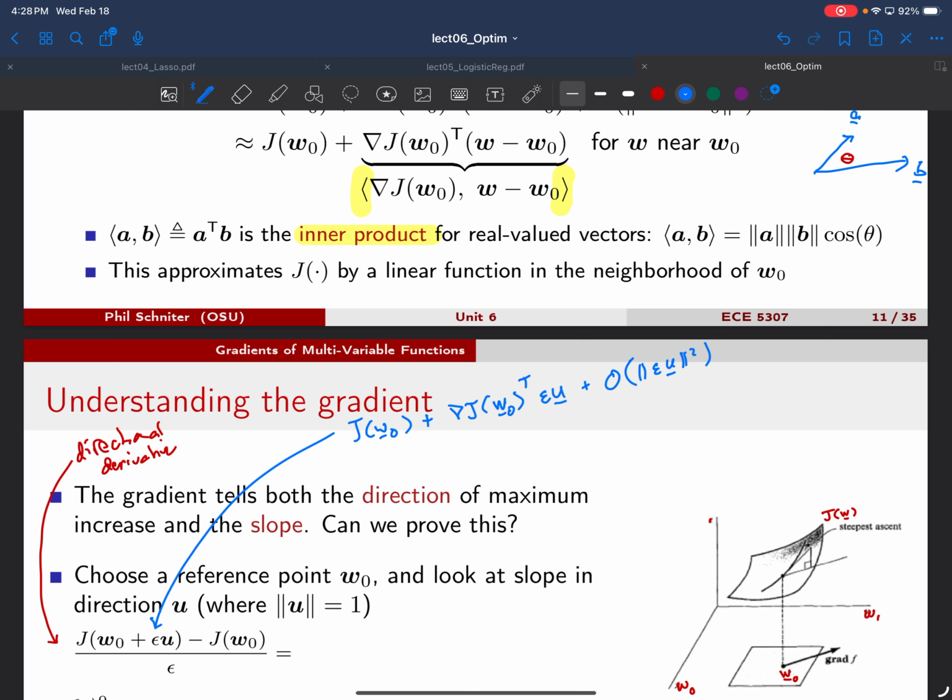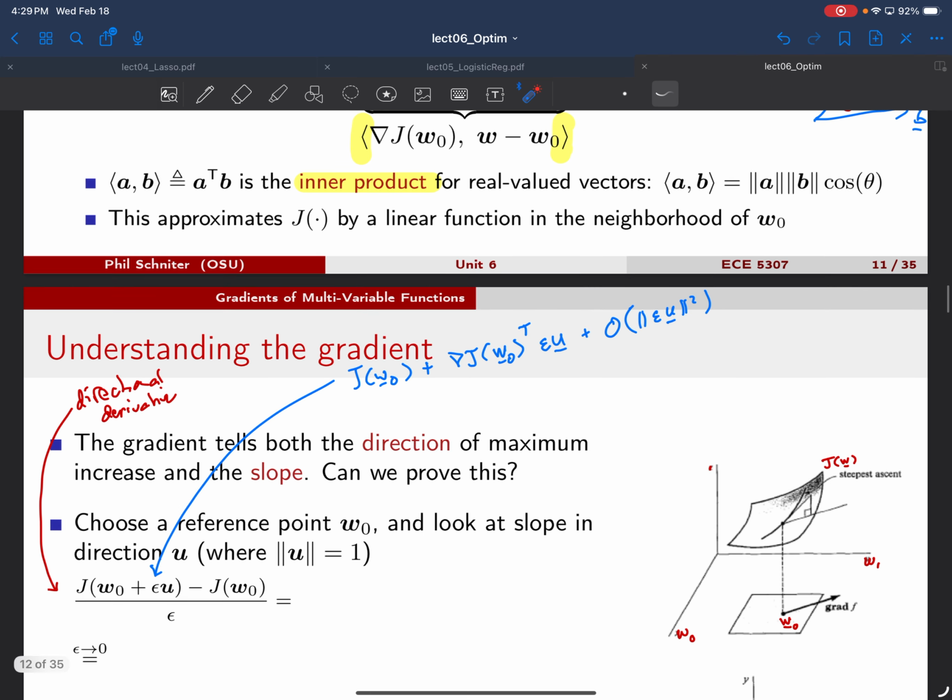Does everybody buy that? I'm just using this equation up here. So my W is W naught plus epsilon u. So this is the deviation from W naught. This is the constant term, the first order term, and all the higher order terms. Everybody good with that? Okay.